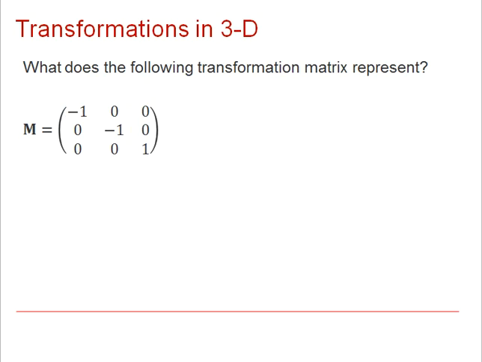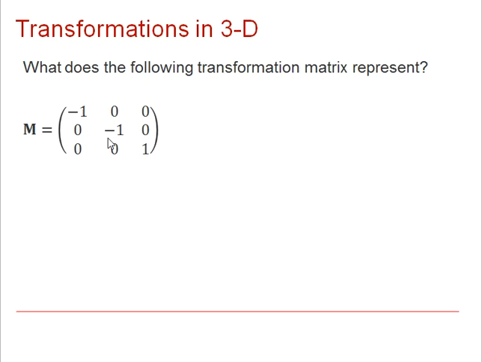If we look at a different matrix M, we again might want to pause to consider what is happening. Here, the Z coordinate is unchanged, but both the X and Y coordinates will have changed sign.